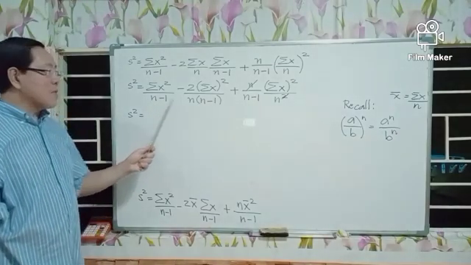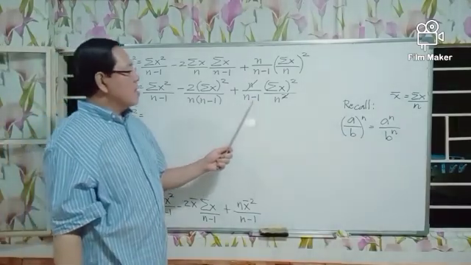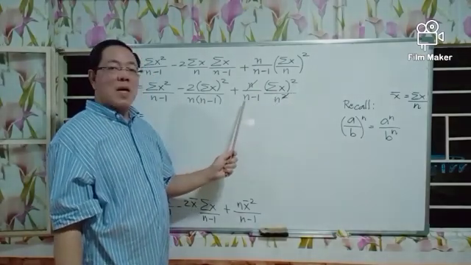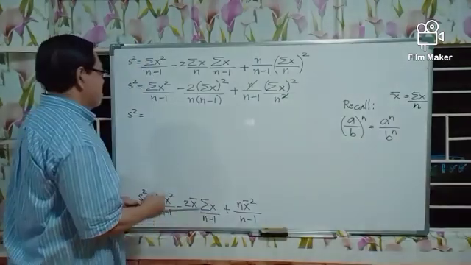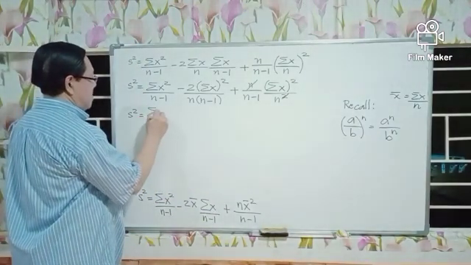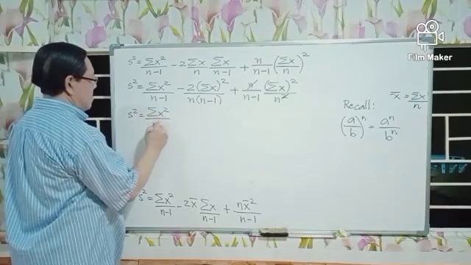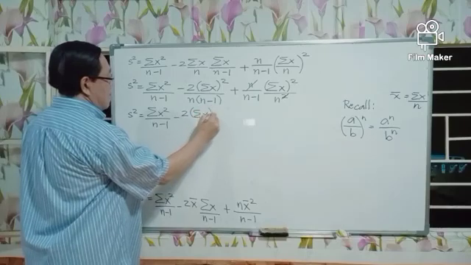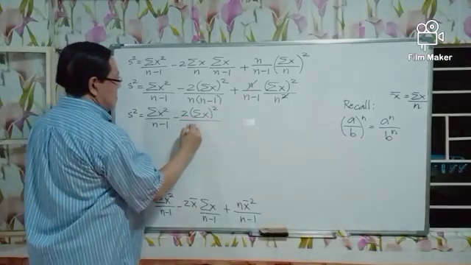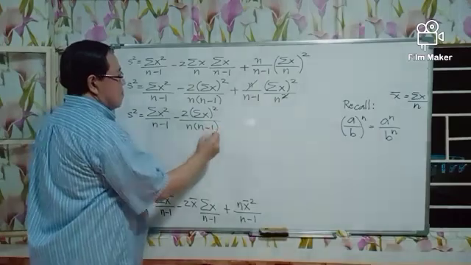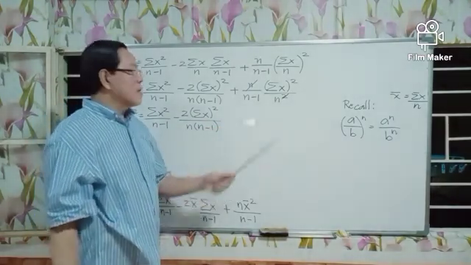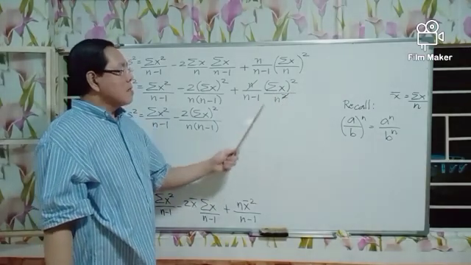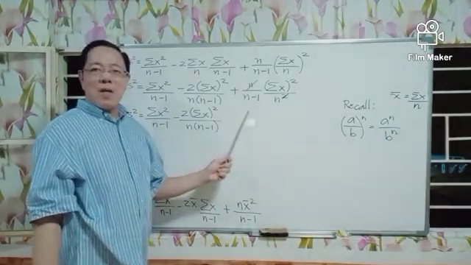The first term is the same, the second term is the same, and the last term now is the square of the summation of x divided by n multiplied by n minus 1.